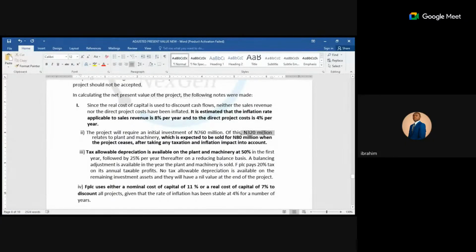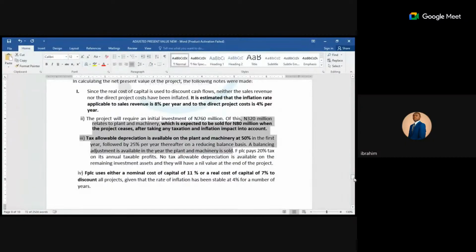A balancing allowance is available in the year the plant and machinery is sold. So only the 320 will enjoy capital allowance: 50% in the first year and 25% thereafter.